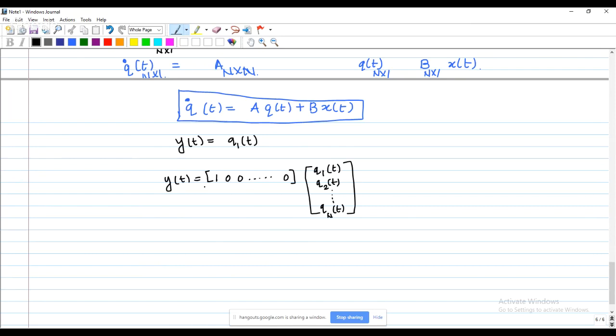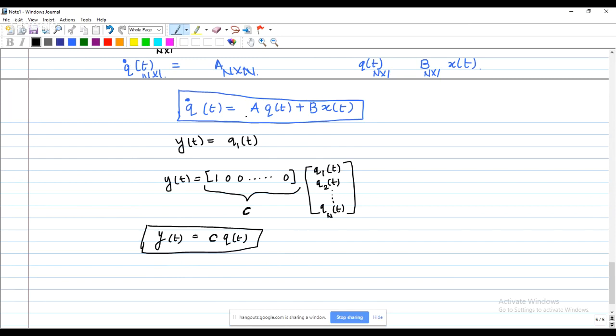Then this matrix, we call it the C matrix. So I can write y of t as the C matrix multiplied by this Q of t matrix. So y of t is equal to C into Q of t. Can you see it is very similar to Q dot of t?